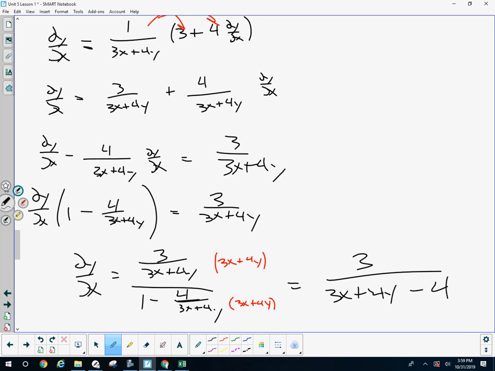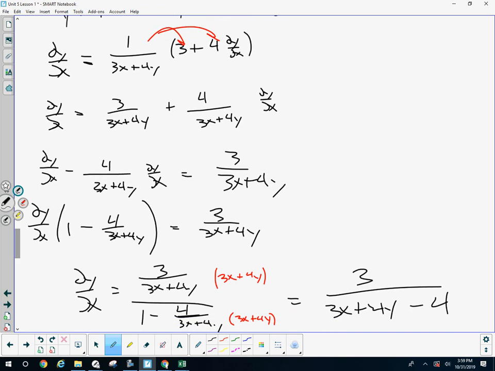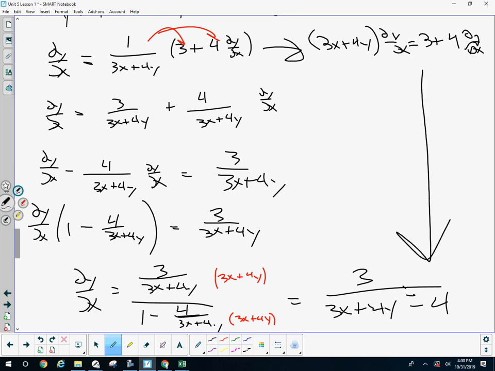Actually, yeah, I probably would have multiplied by 3x plus 4y, because I could have had 3x plus 4y times dy/dx equals 3 plus 4 dy/dx, and then move it around, and I end up with this. It's nicer than distributing. A lot of different ways to do this. It would have been easier, actually, if I did it that way.